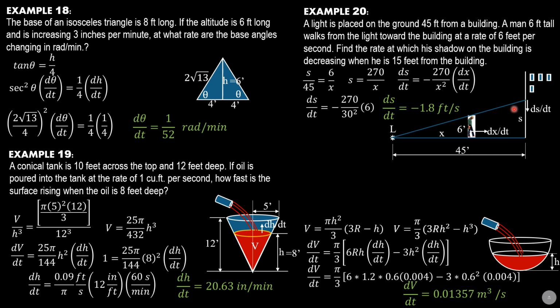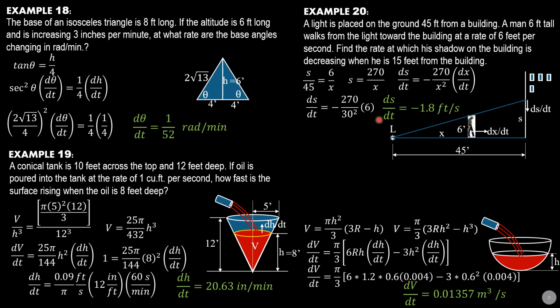So to relate s with x by similar triangles, s over 45 equals 6 over x. S therefore is 270 over x. The derivative of s with respect to time: 270 is constant, then derivative of 1 over x is negative 1 over x squared dx/dt. Substituting, ds/dt is negative 270 over x squared, x is 30 feet when the man is 15 feet from the building, times dx/dt positive 6.